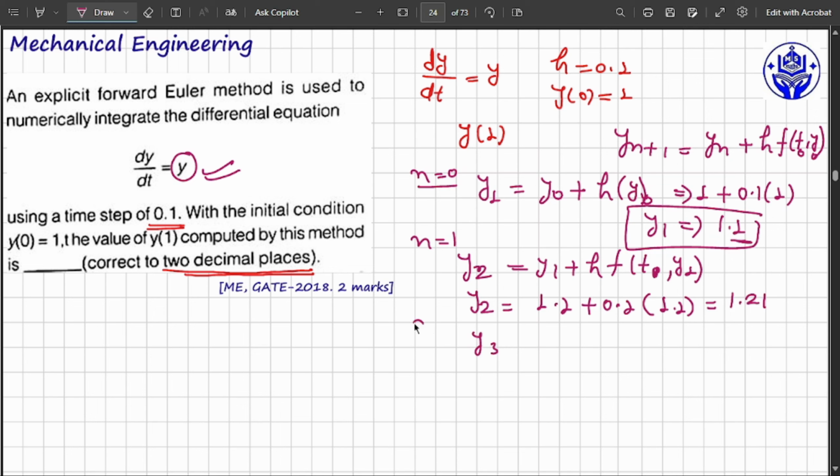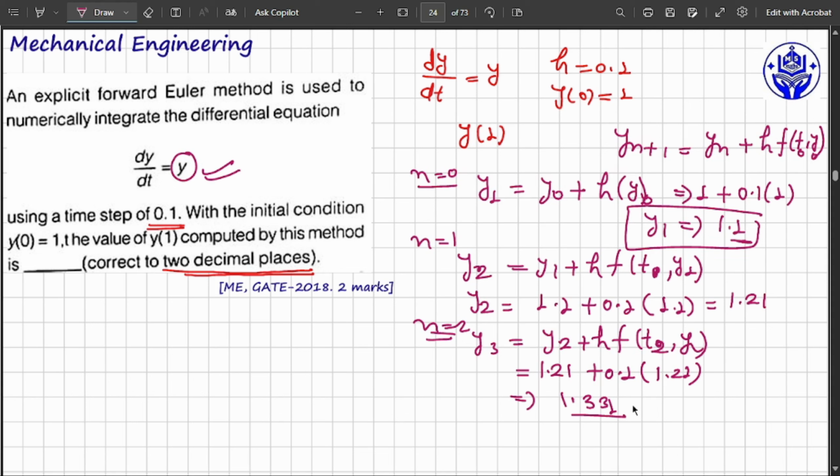Putting n equals 2, y3 equals y2 plus h f of (t2, y2). It means 1.21 plus 0.1 into 1.21, which is 1.331. Still it is not correct.